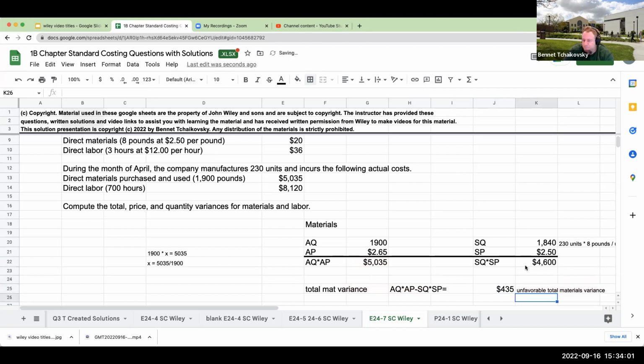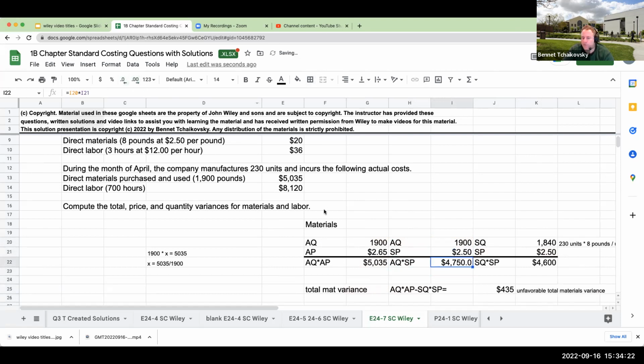Now, to isolate the price and quantity variances, I'm going to take my actual quantity times the standard price. My actual quantity is 1,900. My standard price is $2.50. So this is going to be $4,750.